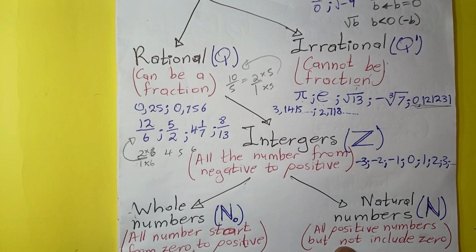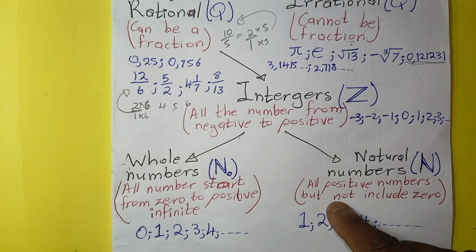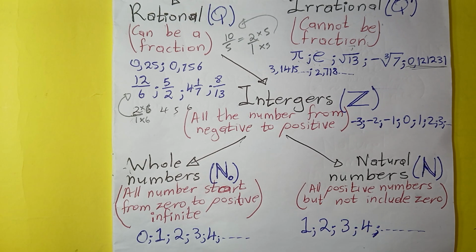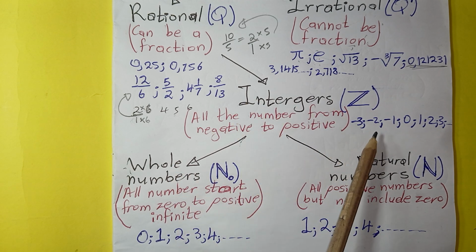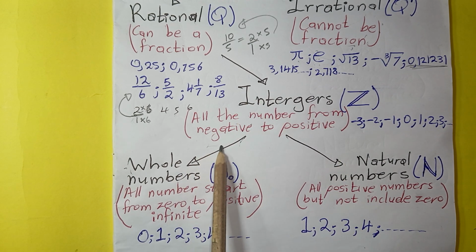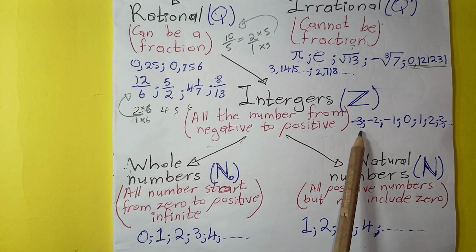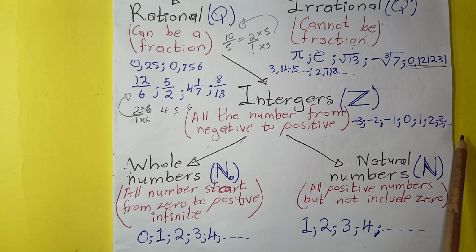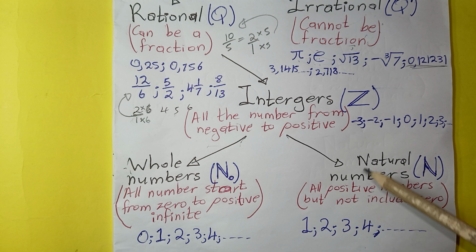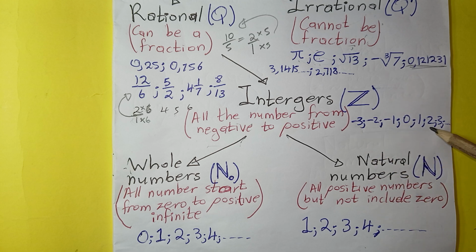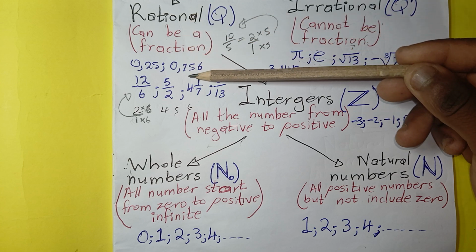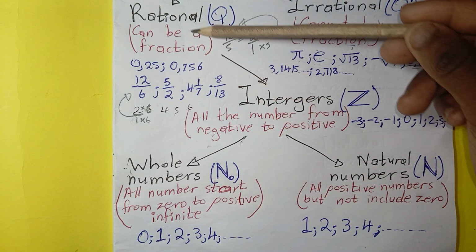So let's go down. Yeah. So now we have what we call integers. So integers are all values which start from negative until positive. They start from negative infinity until positive infinity. They include all the values. Do you understand? All the values. And please remember, guys, all these ones are the real numbers, the ones which exist.